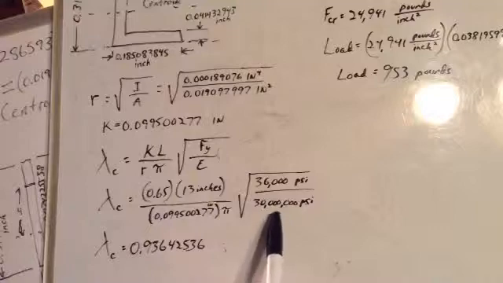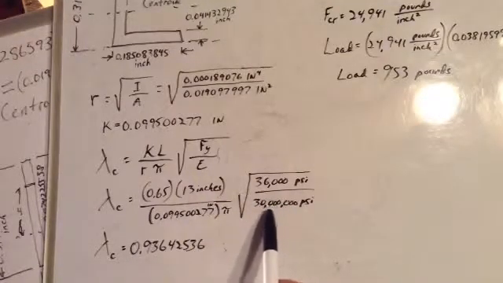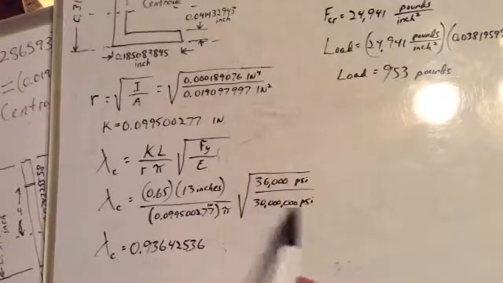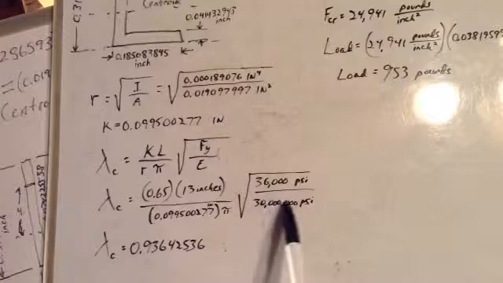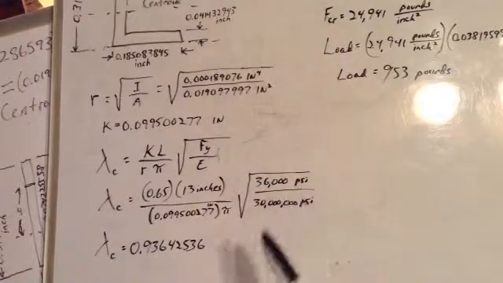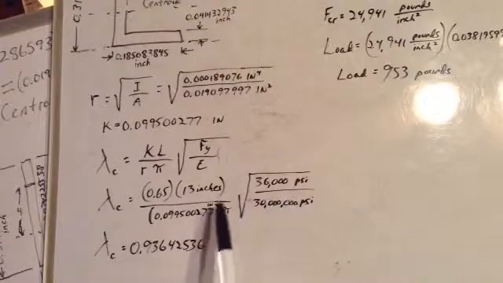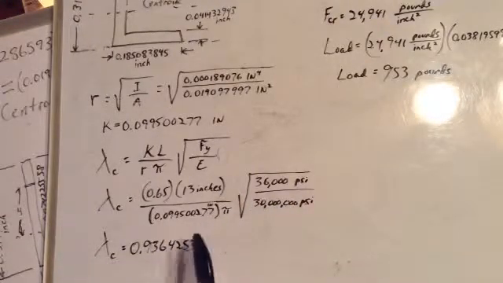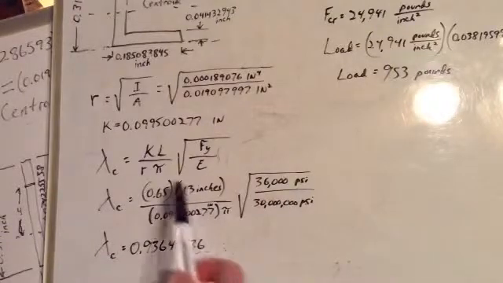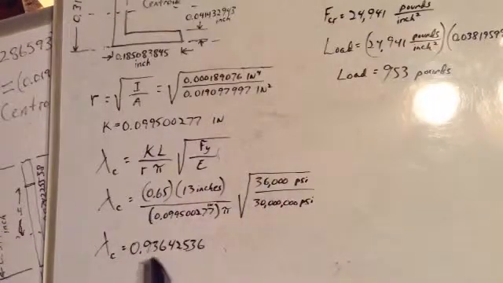Some say 29 million, some say 30 million. My college physics book said 30, so that's what I'm going with. So anyway, the square root of 36,000 over 30 million, and they're both psi, so this will have no units. So we have lambda C equals, just multiply it all out and you get that number right there.